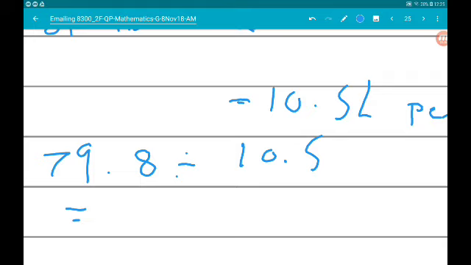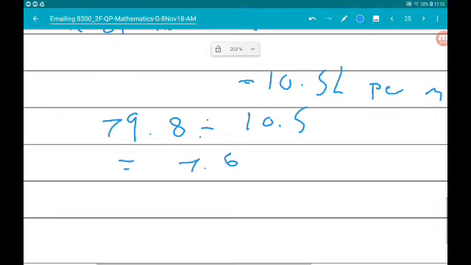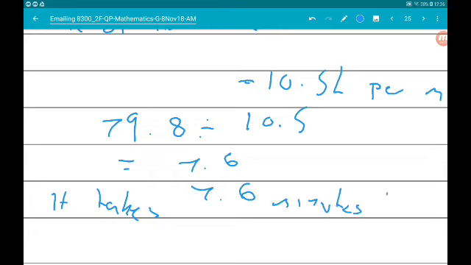So 79.8 divided by 10.5 gives us 7.6. So it takes 7.6 minutes to fill.